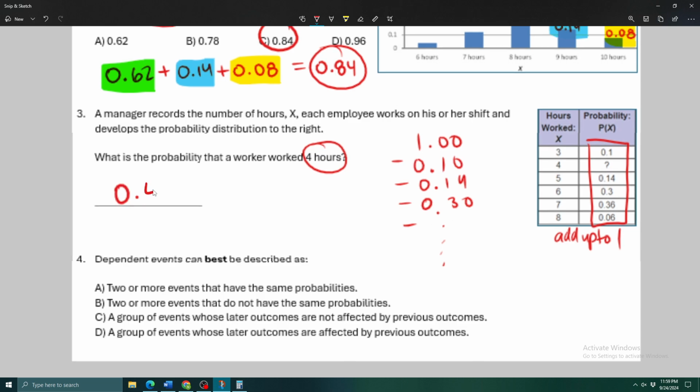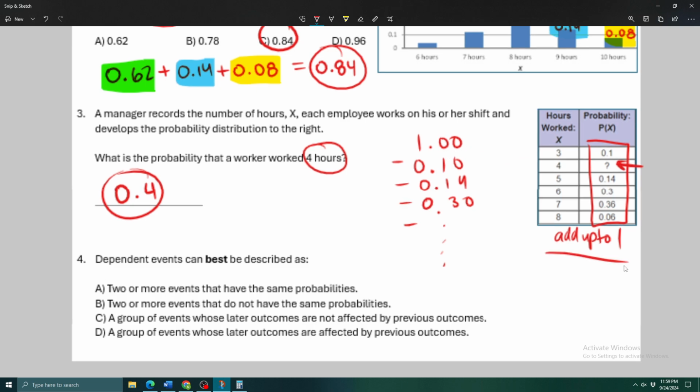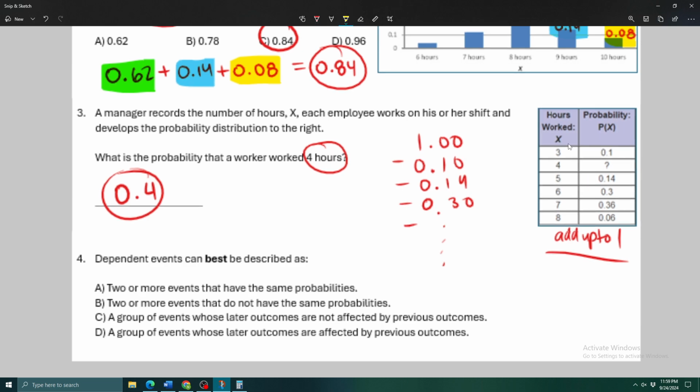So that missing value right here should be 0.4, okay? Should be 0.4. Remember, these add up to 1, okay? All of these guys right here. All of these need to add up to 1, okay?